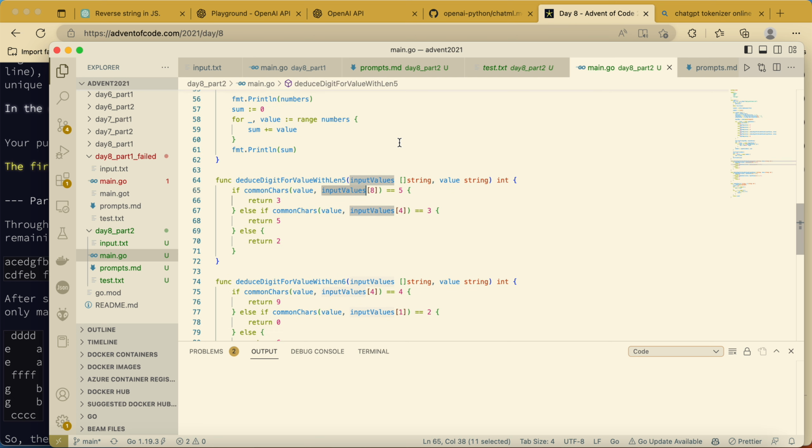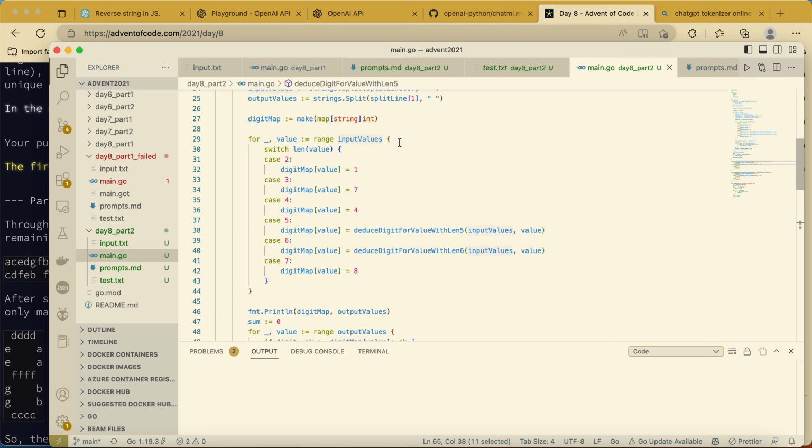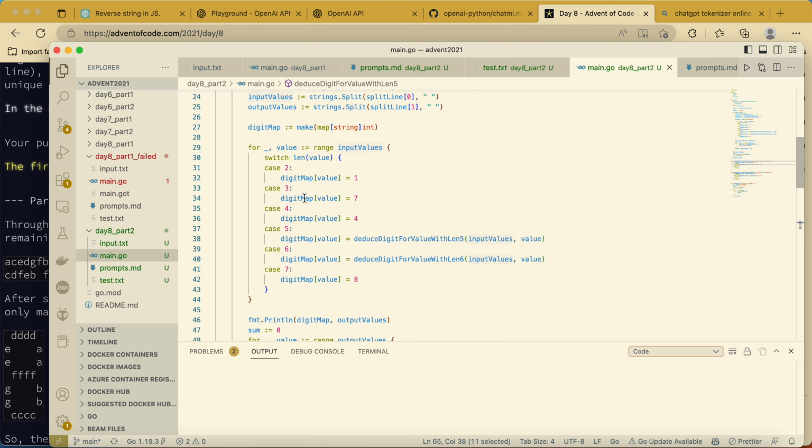I'm thinking, can the first thing that I need to do be to fill in the 1s, 7, 4 and 8 separately, and only once I have done that can I really resolve the rest, using some way of finding, based on their length from the input, which one is 8 and so on.